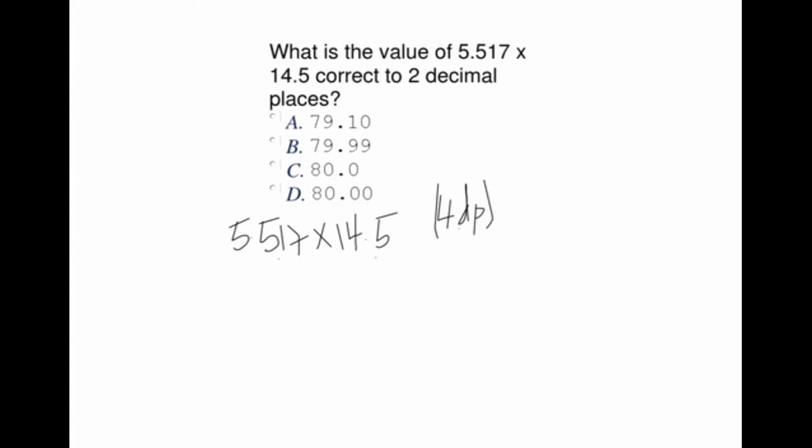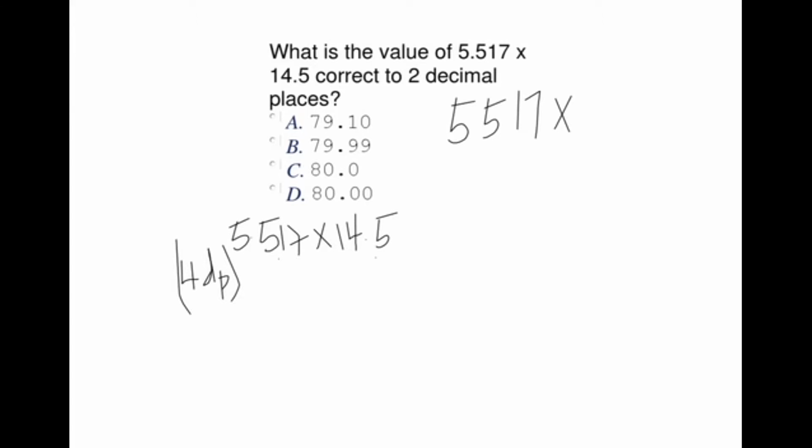So we are going to remove the decimal places and we will add them later. So we have 5,517 multiplied by 145.